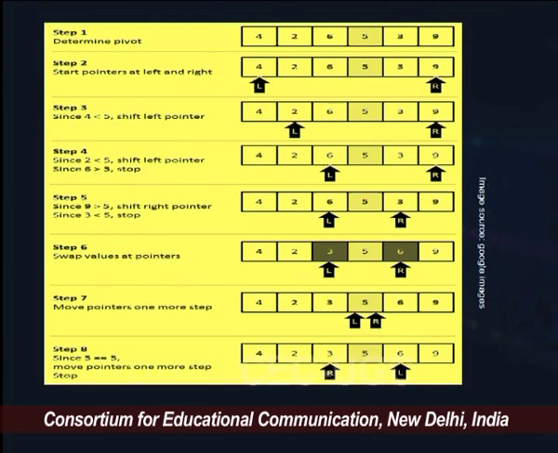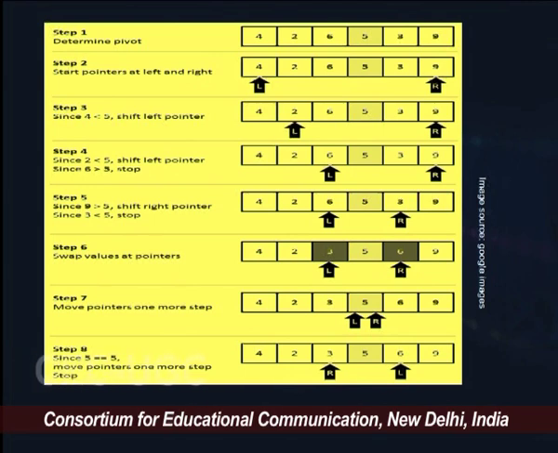That means 9 is in the right partition, greater than 5, perfectly okay. 4 is in the left partition, less than the pivot, that is also fine. So, we will move the pointer. We have shifted the left pointer, value is 2, again we have shifted the left pointer, now value is 6.